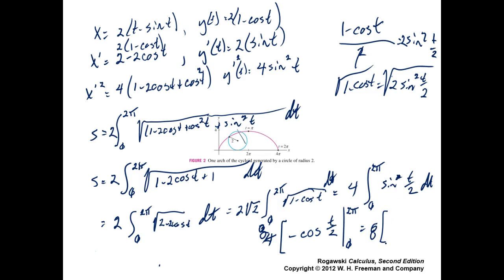And then what do we have here? Minus the cosine of pi, because 2 pi is going to be your t. So what is cosine of pi? -1. And negative of -1 is going to be 1. All right?